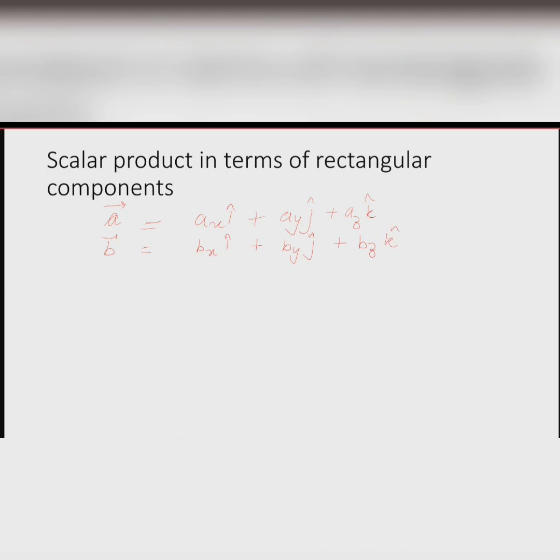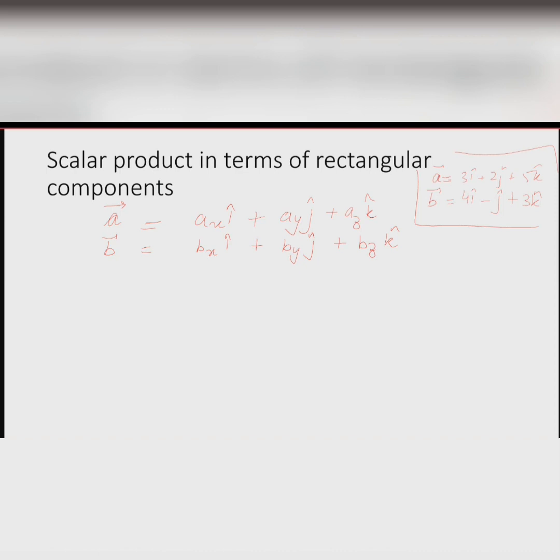Suppose we can give you vectors like, vector A is 3i plus 2j plus 5k, and vector B I give you as 4i minus j hat plus 3k hat. So in that case, how will you calculate their dot product?